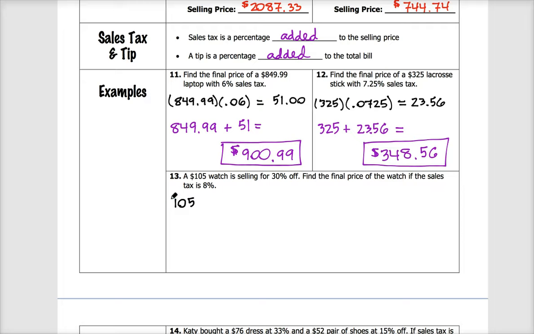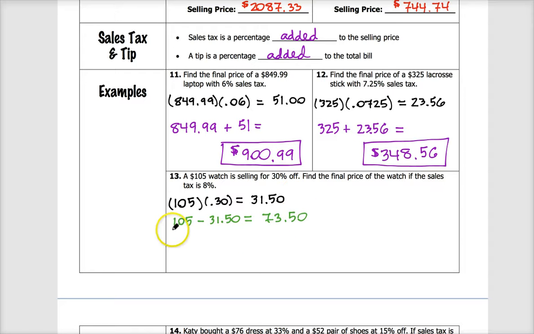So that would be 105 times 0.30. That discount is $31.50. Okay, so now if we take our 105 original amount and we subtract the discount amount, 31.50, we get a selling price of $73.50.